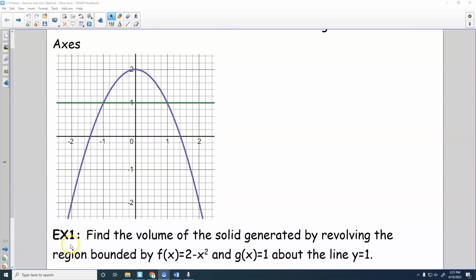So example 1 says find the volume of the solid generated by revolving the region of f, bounded by f of x equals 2 minus x squared and g of x equals 1, about the line y equals 1. So we are taking this region right here and rotating it around that line y equals 1.